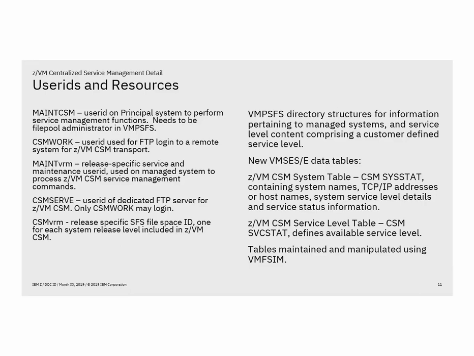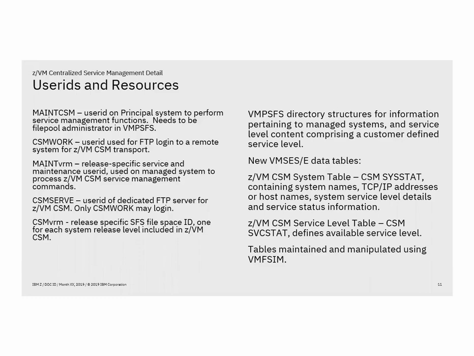And then maint 720 is going to be used by CSM on the managed system in disconnected mode to actually do all the service related activity on that managed system. CSM serve is the virtual machine that will run the dedicated FTP server on the managed system. And only, again, CSM work is allowed to log into it.